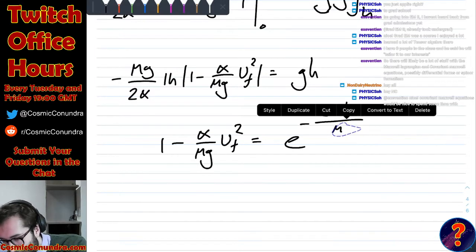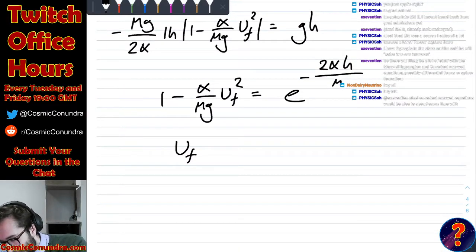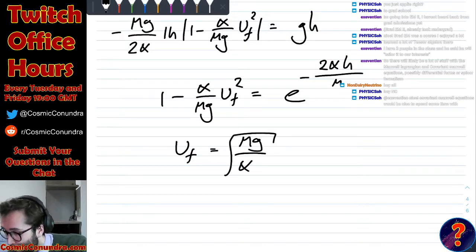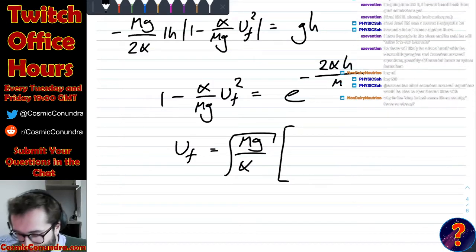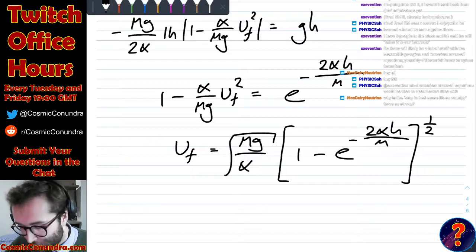So this simplifies quite a bit already. And then rearranging for vf will give us, you can just trust me here, or don't trust me, check it and point out if I make a mistake, square root of mg over alpha times 1 minus e to the minus 2 alpha h over m. And that whole square bracket is square rooted.